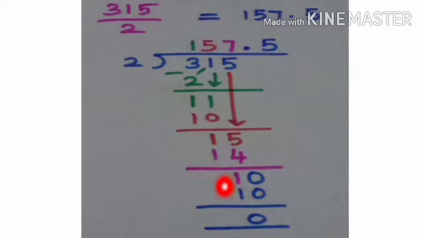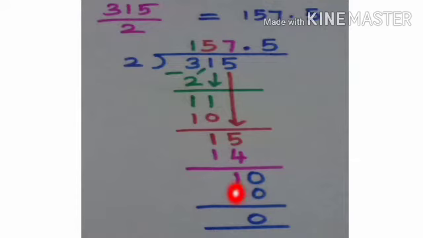Now, as we don't have any further digits, but still we have not completely divided 315 by 2, we need to place a point in the quotient, and after that we can add 0 near 1.